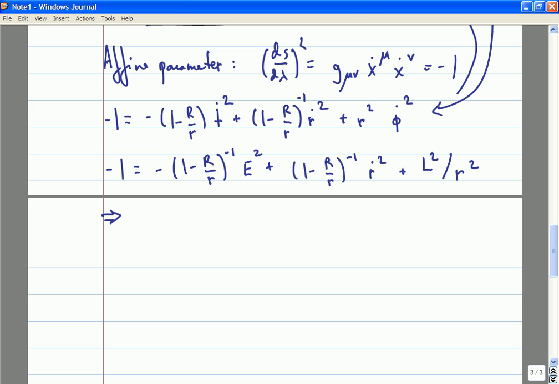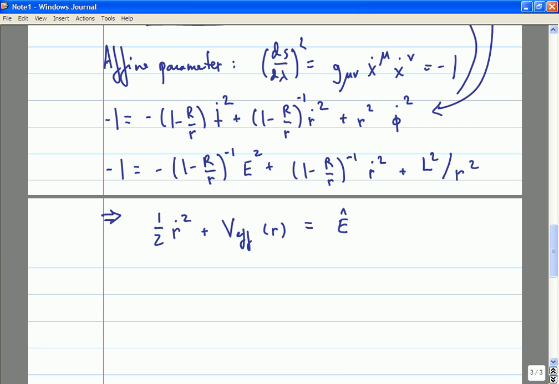And in particular, this is an equation for r dot squared. And in particular, it's an equation for 1/2 r dot squared. And I can write this equation as 1/2 r dot squared plus a function of r that I will call V effective is equal to a constant.